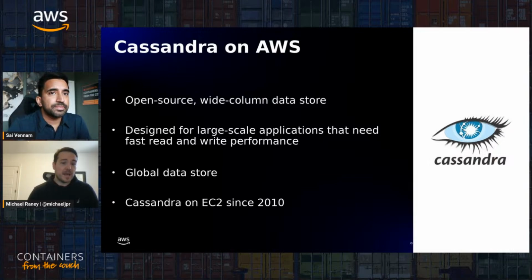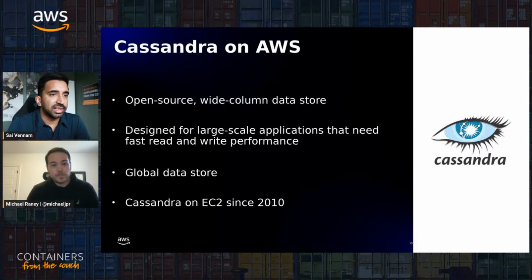As you see here, having it as open source, having it being a global data store, being able to replicate data across regions allows you to not only get data closer to the end customer, but also has additional resiliency in case there's a regional challenge. Again, as people running on EC2, running it on ephemeral drives, started making use of EBS, and all of the technologies that have come along with the cloud, we've slowly started integrating it into the Cassandra ecosystem best practices in terms of operations.